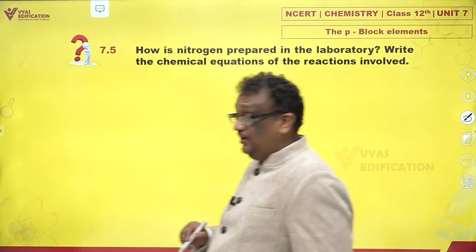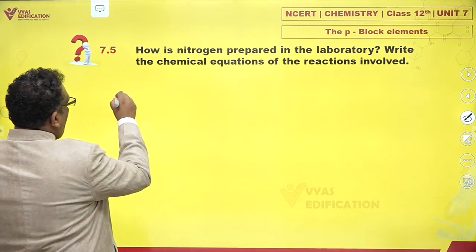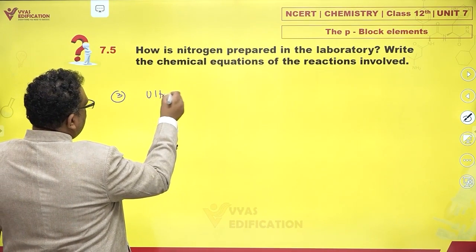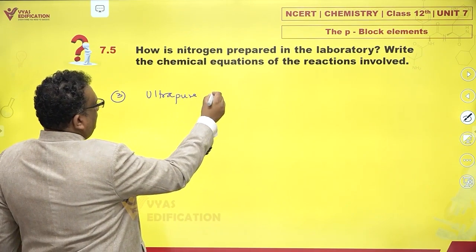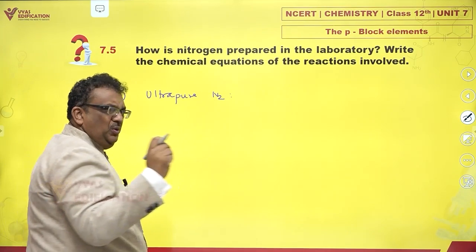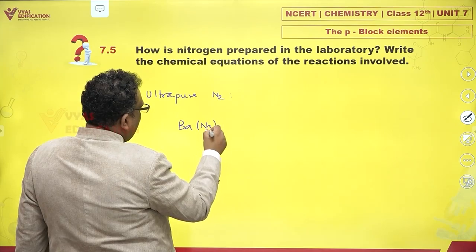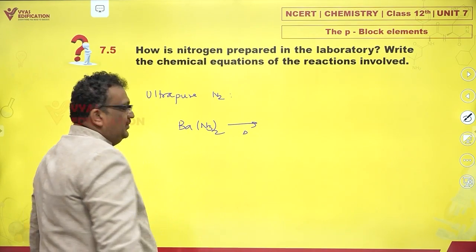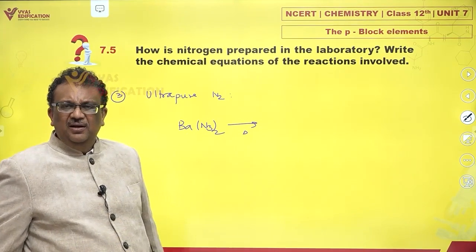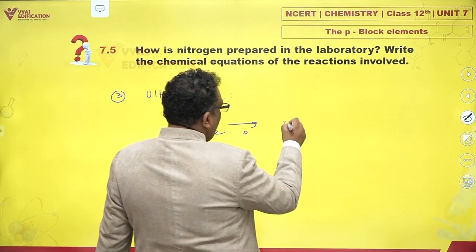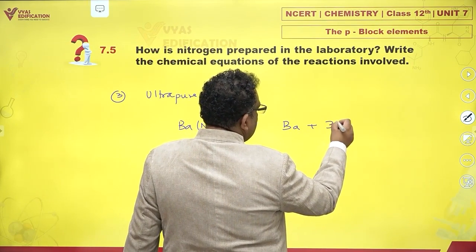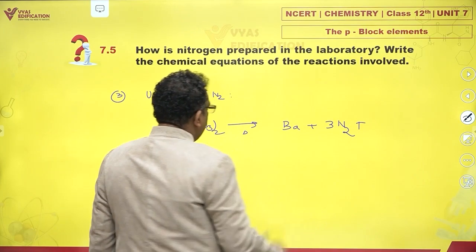Is there a third method? Yes. If you want ultra pure nitrogen, small quantities, then you take barium azide. Now this is very expensive, and if you gently warm barium azide, it just decomposes. It gives you barium plus nitrogen.